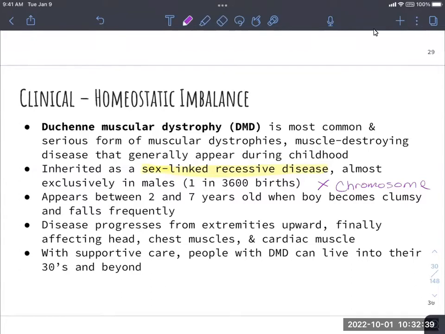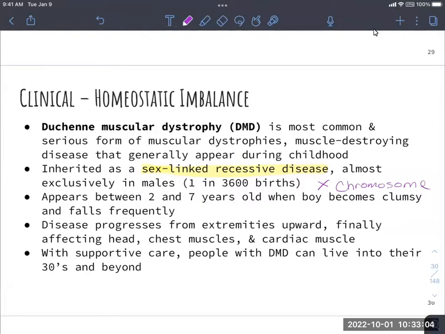Males only have one X chromosome, so if they get this sex-linked recessive disease from their mother, they're going to get it. Females have 2 X chromosomes, so we're less likely to get it.